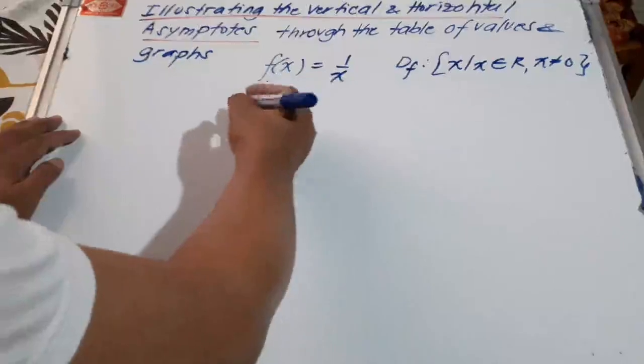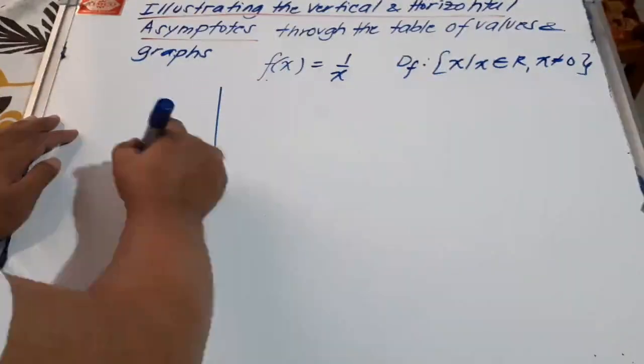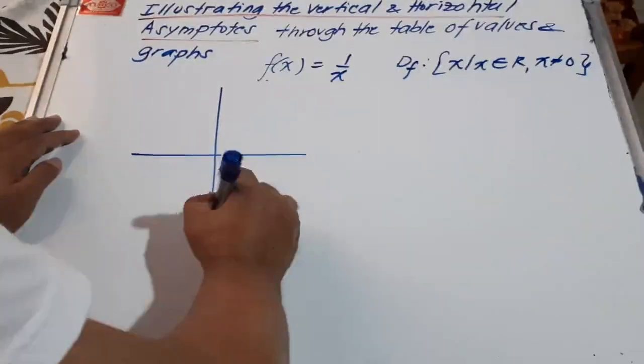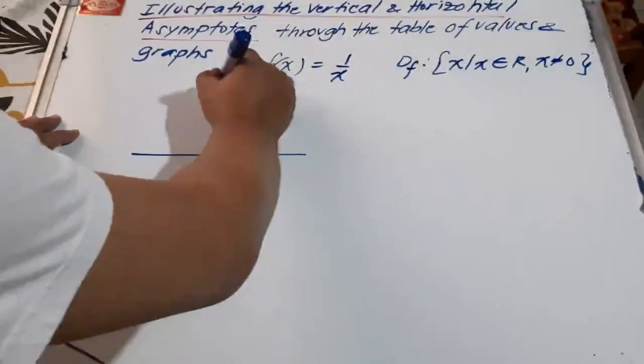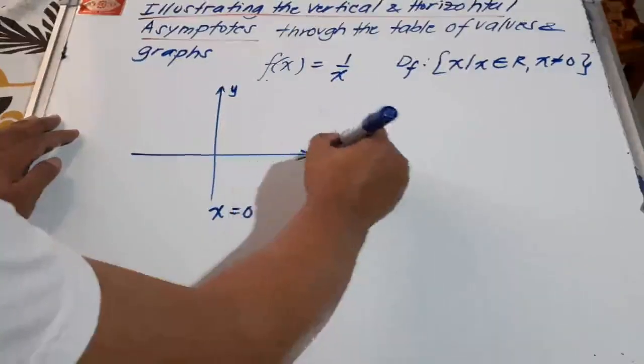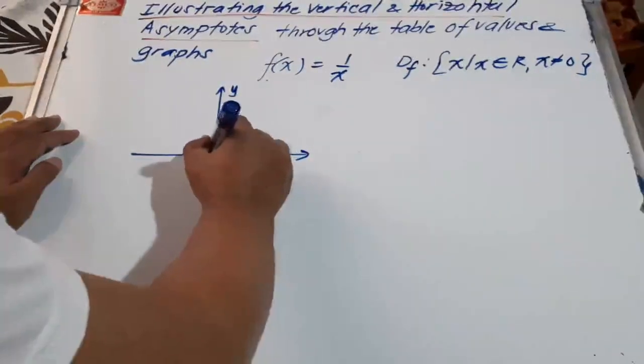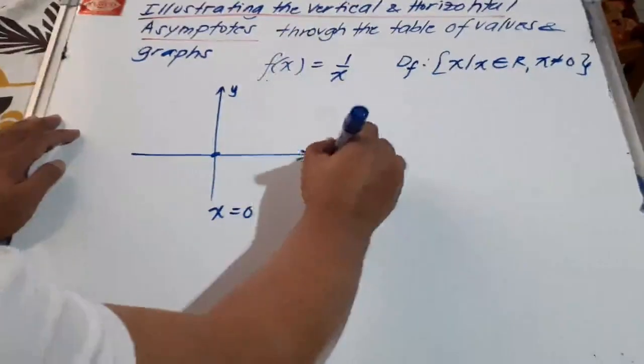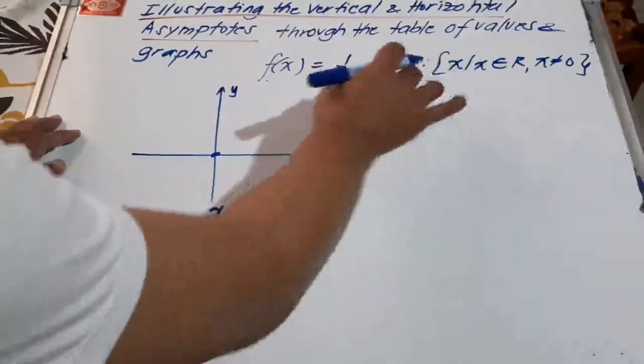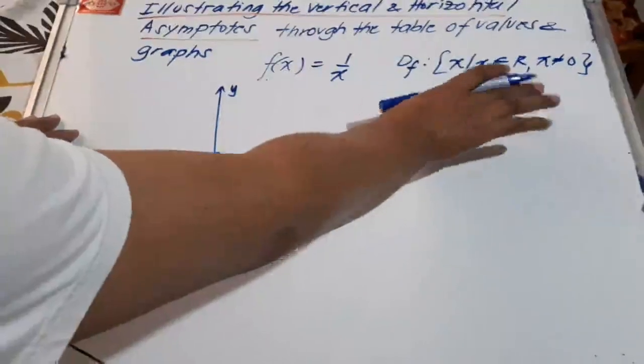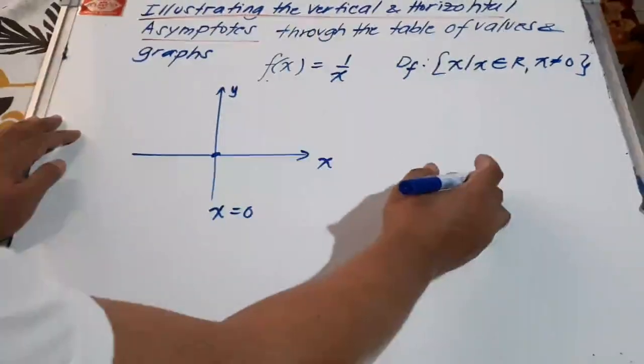So, ibig sabihin, ganito. This is x equals 0, di ba? The y-axis. And this is y equals 0. And this is the origin of the xy plane. Now, alamin natin kung ano nangyayari sa kanya as x approaches 0 to the right.